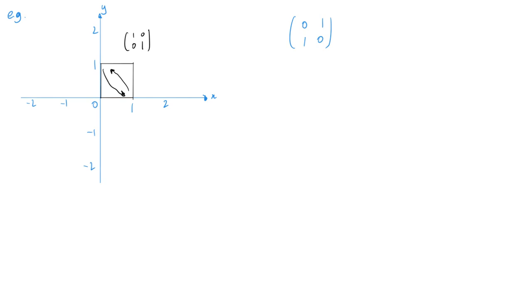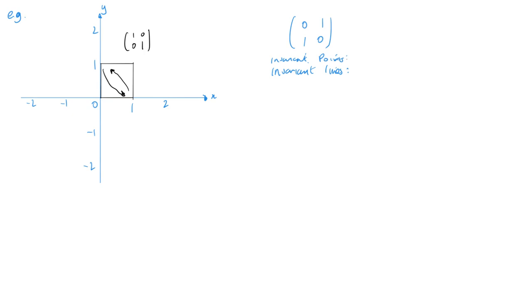Okay, so for this one, the invariant lines and invariant points. So which ones?